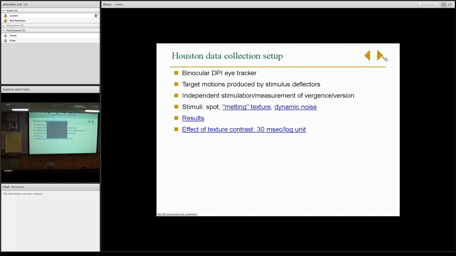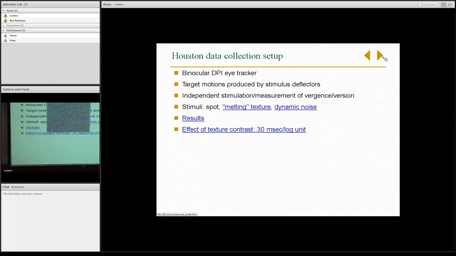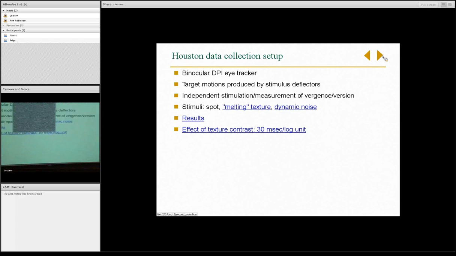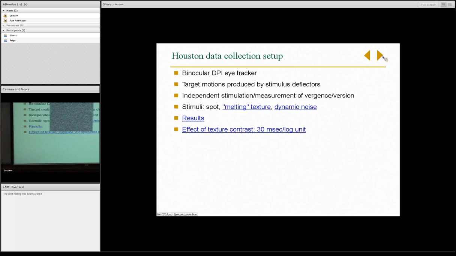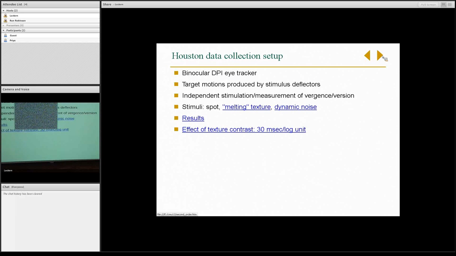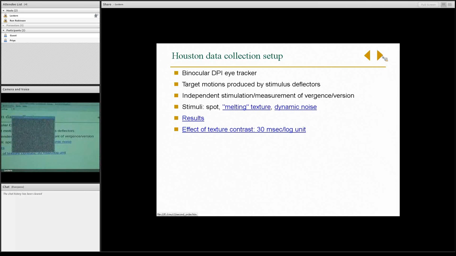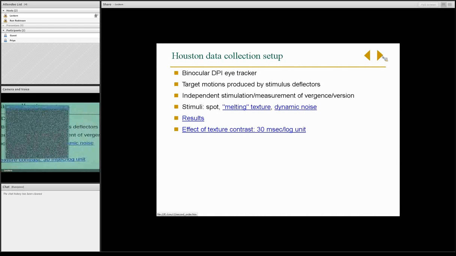This texture here, you sort of call it the melting texture, and the main point of the melting is that we don't want to have a stationary feature that you can lock onto and track. I'm not sure how effective this is because the texture is still visible for half a second or something, but there's no real landmark that you can permanently lock onto.